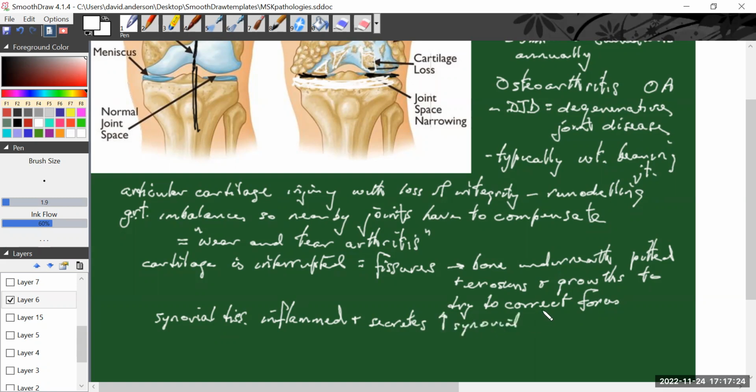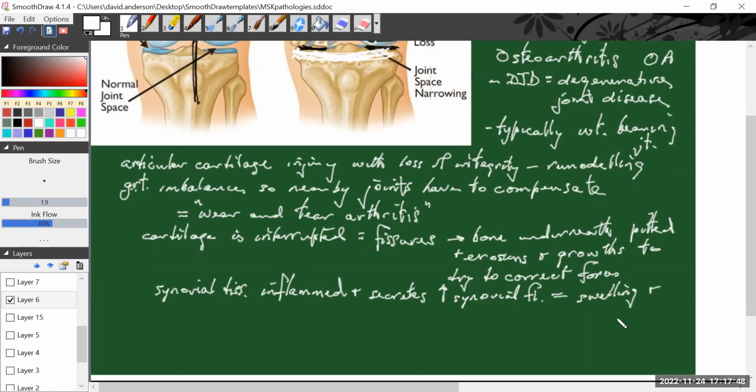So if we get more fluid in the joint space, what's that going to present as? Edema. Yeah, but it's not technically edema, because edema we would describe if it leaked out of blood vessels. So it's a more localized source of swelling, but it's definitely going to be swelling. And it's going to reduce the range of motion, causing stiffness.